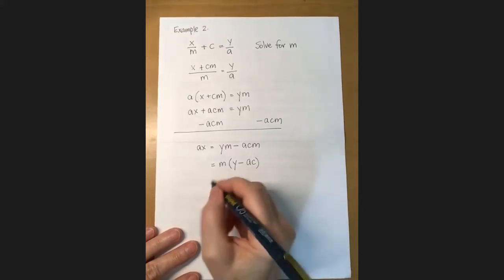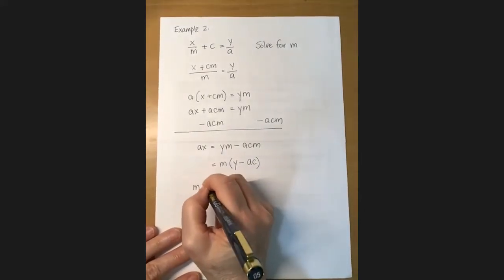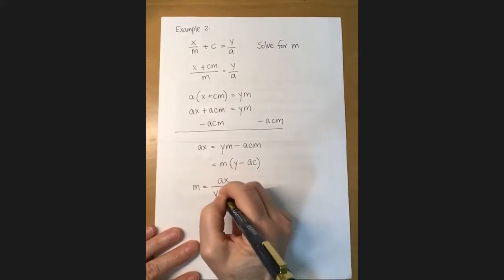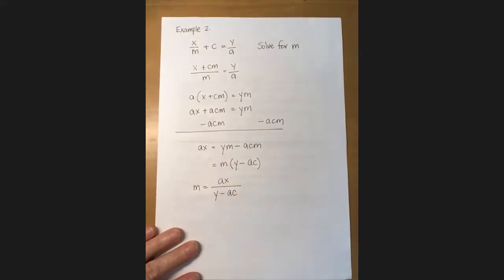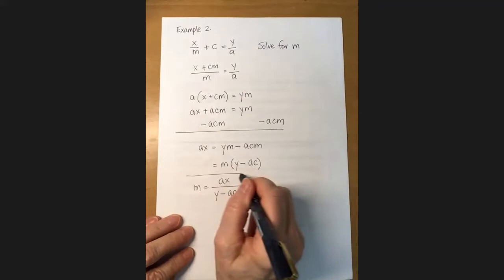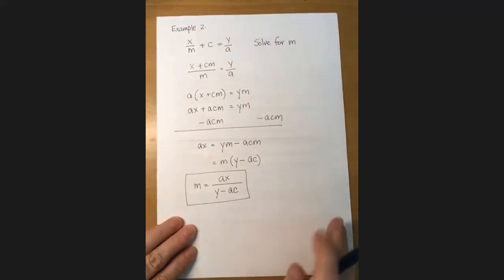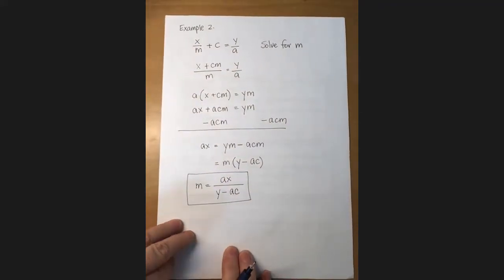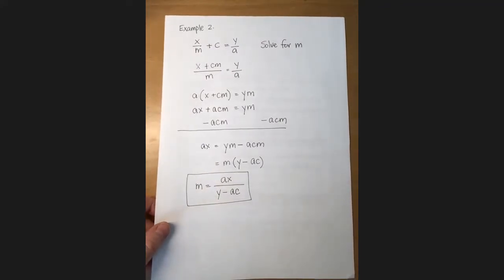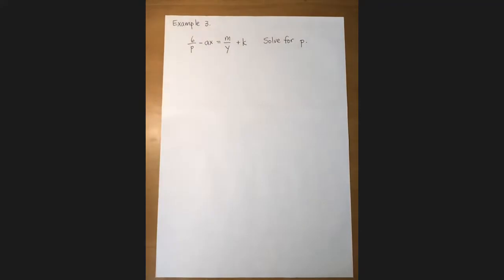And again, I'm going to flip it. And so finally, m equals ax divided by y minus ac. We found an expression for m in terms of a, x, y, and c, all the other variables in that abstract expression.